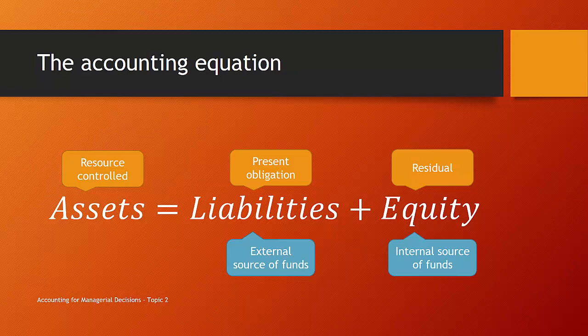I mean, yes, owners are external, but I suppose they're more closely linked to the entity than debt holders. So we have these liability holders, so the bank, for example, and a whole range of other creditors that are owed money. The entity is presently obliged to make good on these. Those are the liability claims.